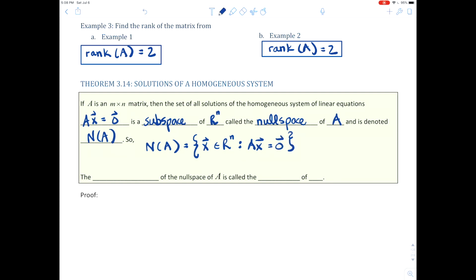Cool, cool? The dimension of the null space of A is called the nullity of A.